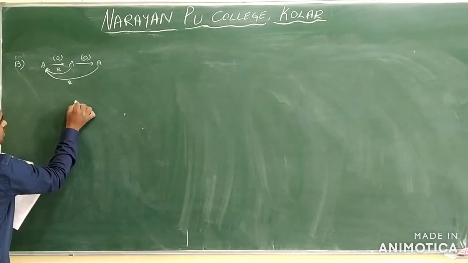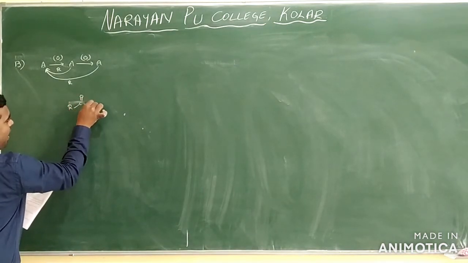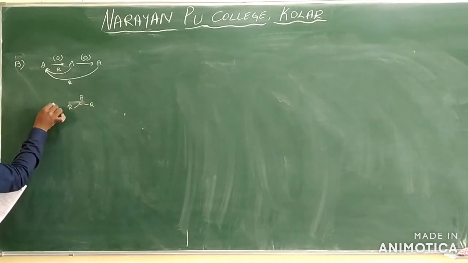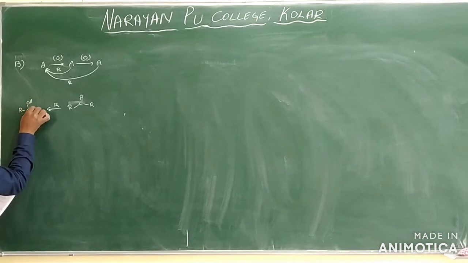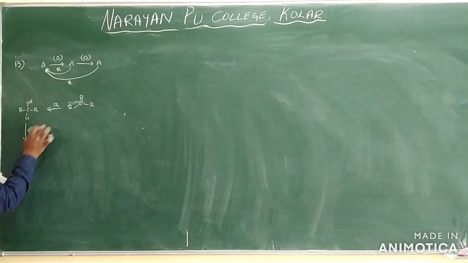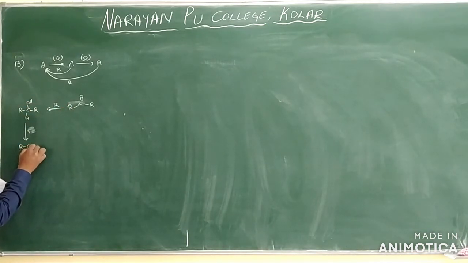Next, ketone to alkane. Here ketone means suppose any ketone R, C double bond O and R. If I use a reducing agent here, then what will you get? Alcohol. Secondary alcohol you will get. And if I use a further strong reducing agent, then the alcohol will be reduced to alkanes.